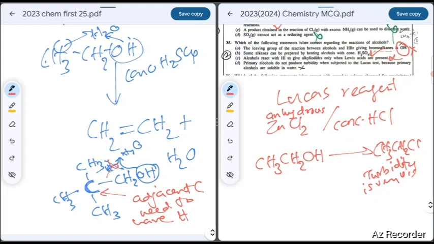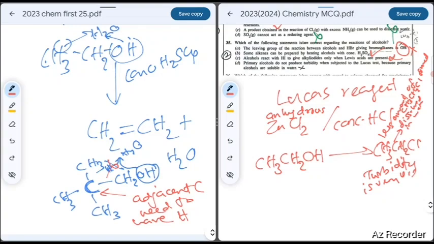The reason is that only a small amount of CH3CH2Cl is formed, so we can see that there is less turbidity.